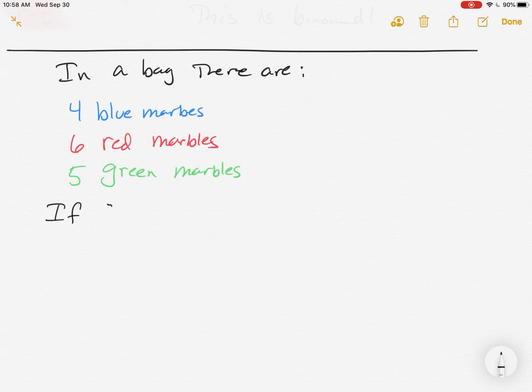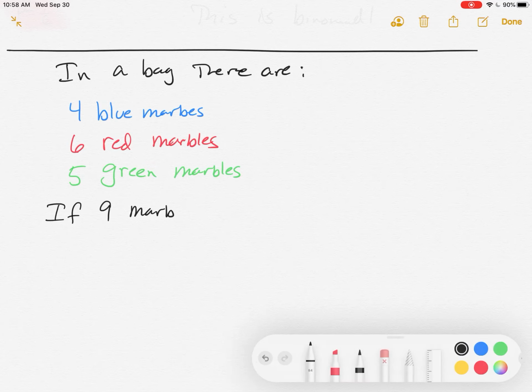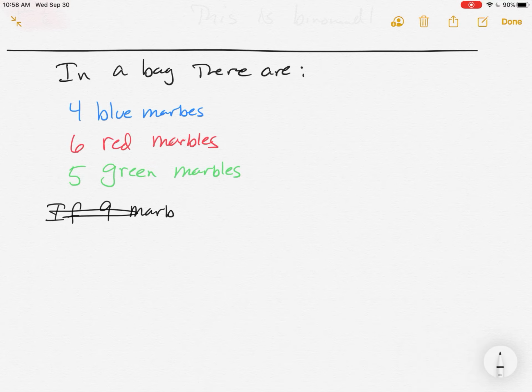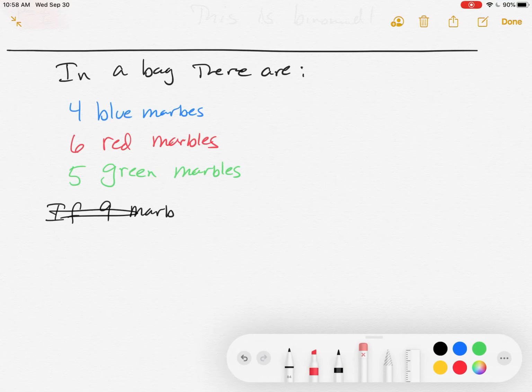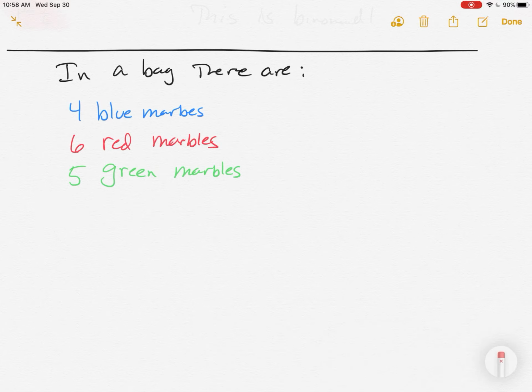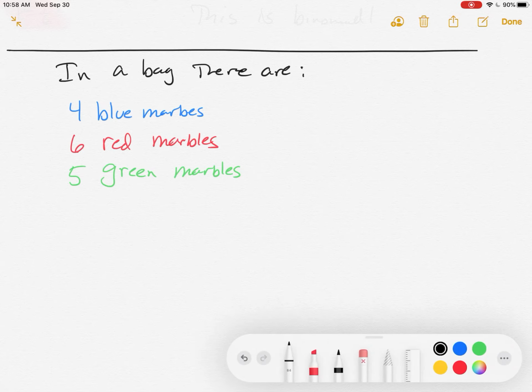Actually, let me use a number that's not up here. Let me not word it like that, because that's going to get into the probability question, and those come a little bit later. So this is the first part.